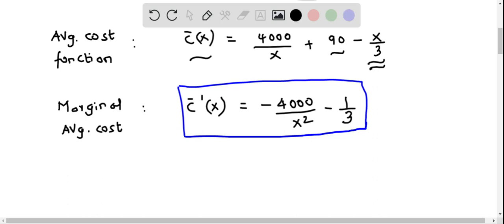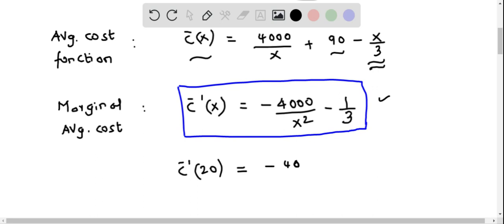Now let's find C bar prime of 20. All we have to do is replace x by 20 in the marginal average cost function. So C bar prime of 20 equals negative 4000 divided by 20 squared, minus 1 by 3.